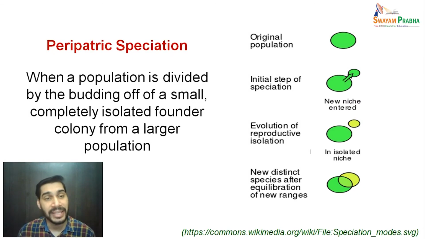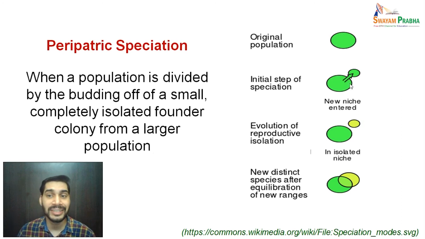But what happens in case of peripatric speciation is, it is a speciation when a population is divided by the budding off of a small, completely isolated founder colony from the larger population. So if this was the original larger population, the first step here is that a small founder population gets separated from this large original population.